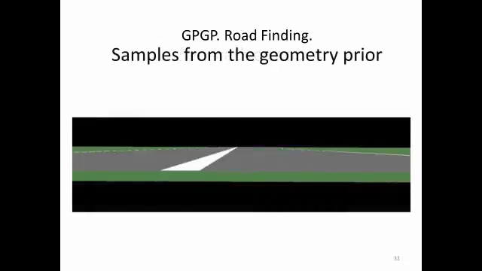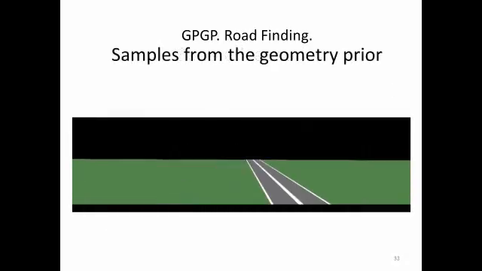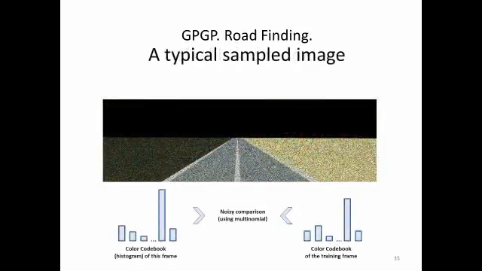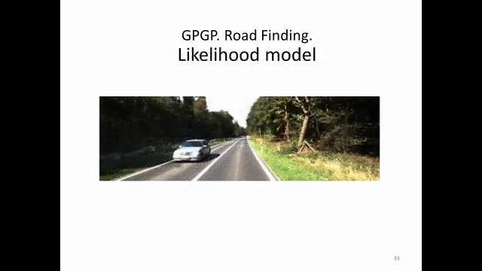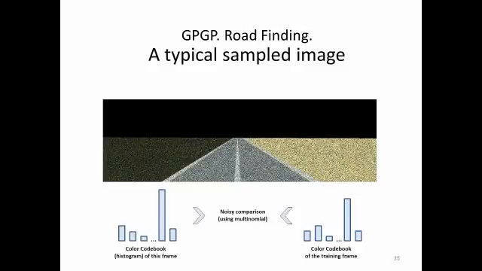First, the program samples from the geometrical prior, and then it samples from the color histogram, and you receive an image like this. We do the same thing for our test images. We reduce the number of colors, and then we compare the histograms we have for each train image and test image.